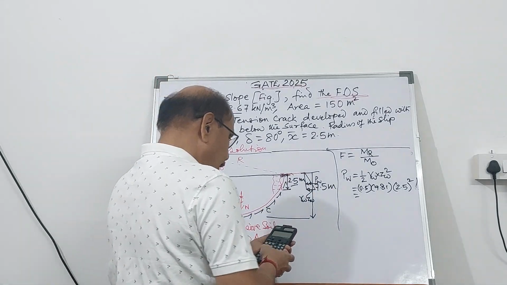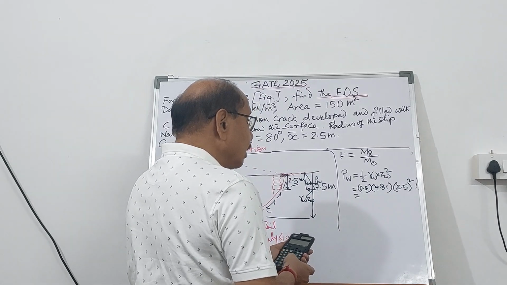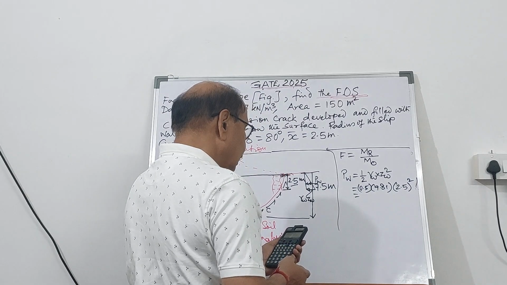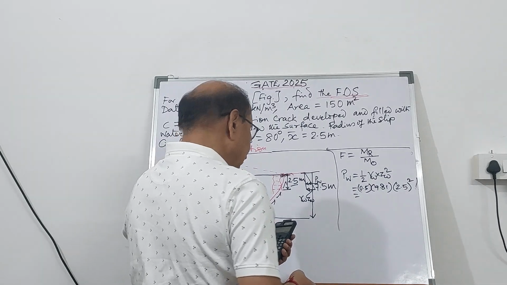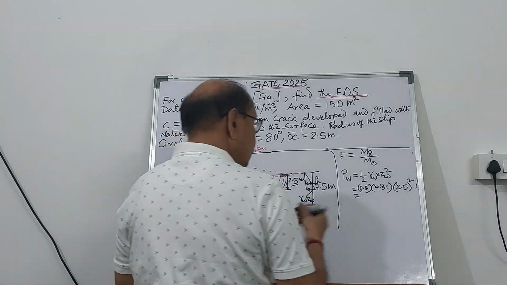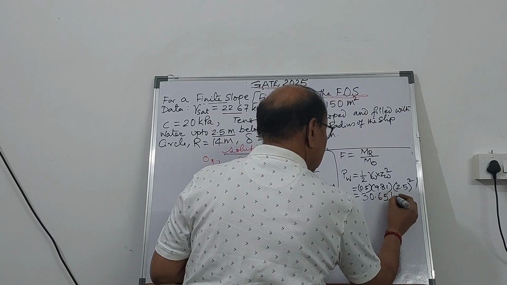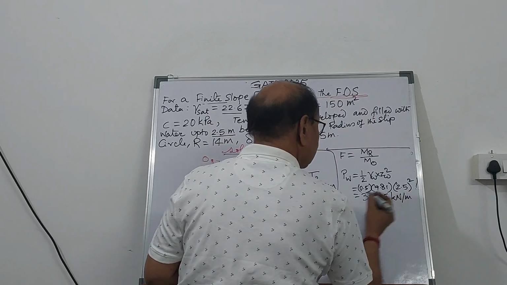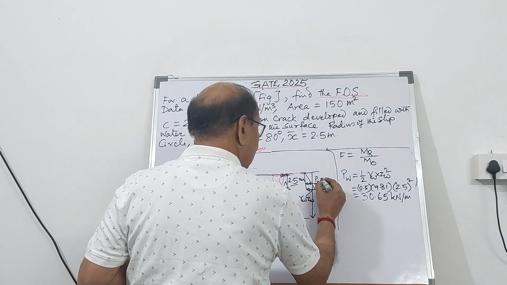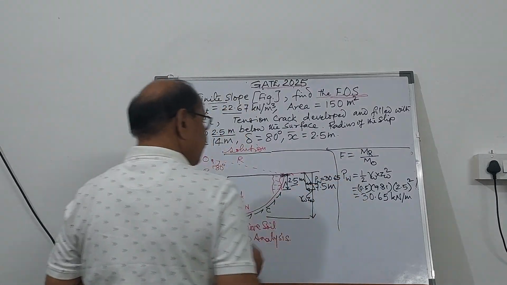So we can calculate, this is 0.5 into 9.81 into 2.5 square, 30.65. So this is going to be kilonewton per meter. So PW is known to you, 30.65.